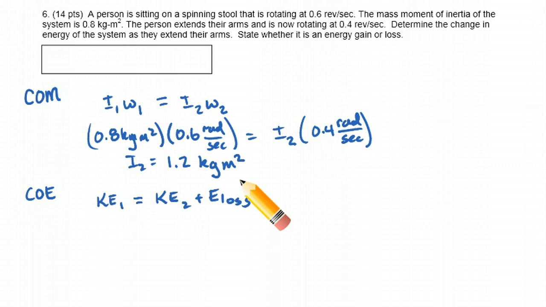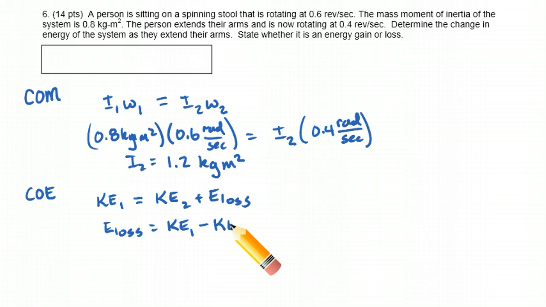Another way of thinking about that is the amount of energy lost is just the difference in the kinetic energies. So I start off with a bunch of kinetic energy. I have some kinetic energy at the end. The difference between those two would be any energy loss. If that turned out to be negative, I would actually have an energy gain here. Okay, but we'll work through and see what the numbers are.